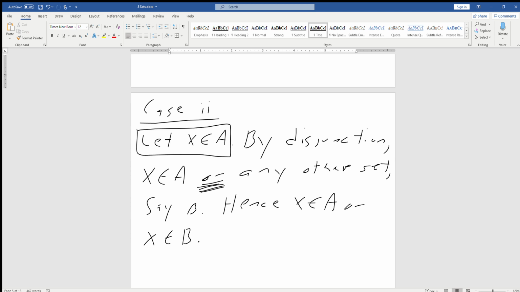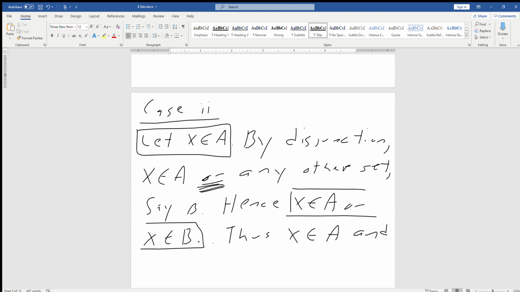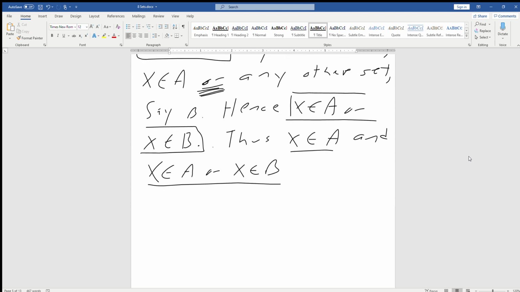Remember initially we said X is an element of A and also X is now an element of A or B. So thus X is an element of A and X is an element of A or X is an element of B. And I believe that's exactly what we need to be able to utilize our procedural definition.